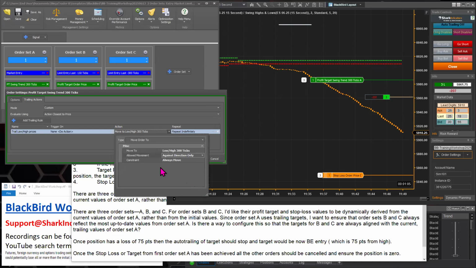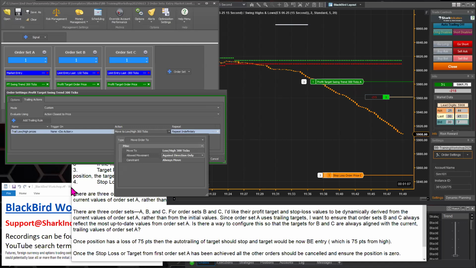But a key thing to remember is that we are restricting the movement of our profit targets. The allowed movement is against the direction of the trade, because our profit target is pulling in as the market's moving down.